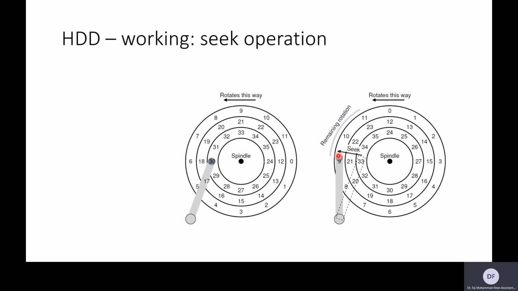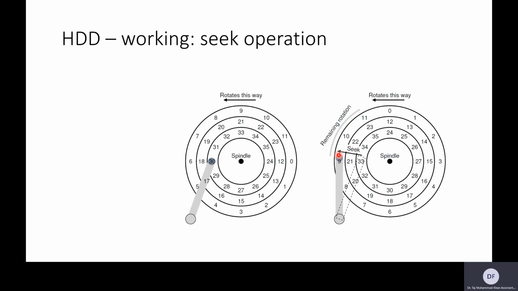Okay, so as we discussed, most of the hard disk delays come from mechanical movements, and these mechanical movements usually comprise the rotational delay and the seek delay. To get to a desired sector, first we get to the desired track by using this arm or seek movement, and then once we are on the right track, we rotate the hard disk to get the desired sector under the head, and this movement is the rotational delay.